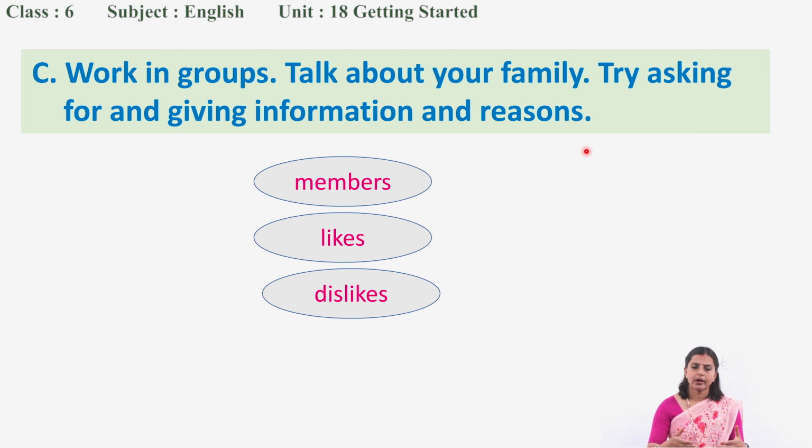You can add some more questions also, like what does your father do, how much is he educated, what does your mother do, does she work or is she a housewife, how many brothers and sisters do you have, are they younger or elder than you? These different types of questions you first make on paper and then ask your friends. Practice it. All right, will you do that?